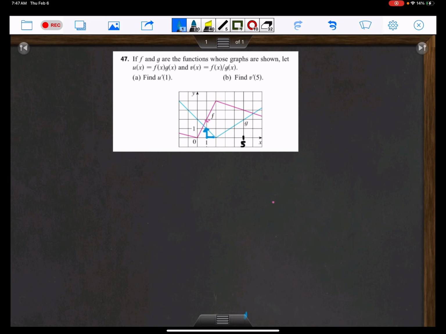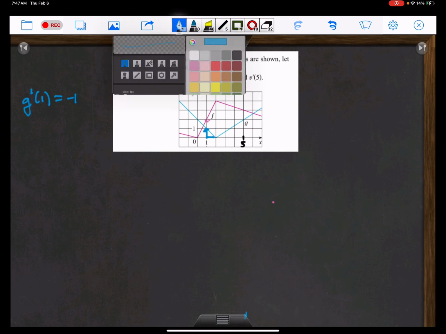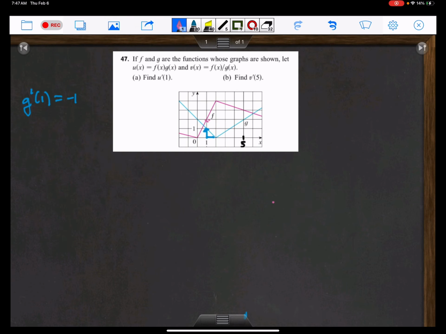So let's just record some of that information. So g prime of 1 is equal to -1. If we look at f at 1, we see that the slope at that point is, we go up 2 over 1, is +2. So f prime of 1 is +2.